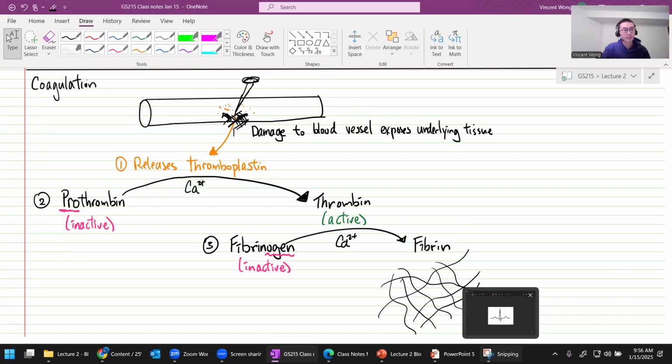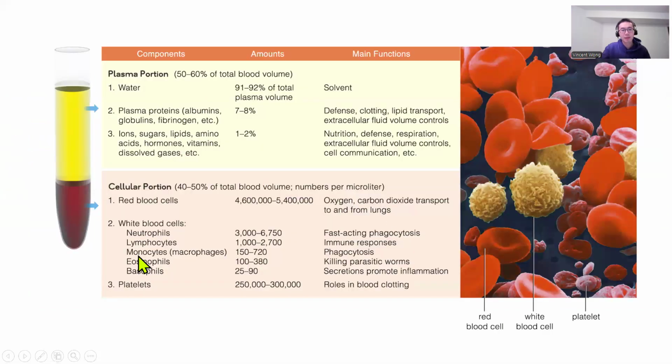All right. So that is it. This is a summary of everything we talked about. You don't have to memorize the numbers. Red cells transport carbon dioxide and oxygen, eosinophils kill parasitic worms. It's basically what we wrote down in a summary over here.